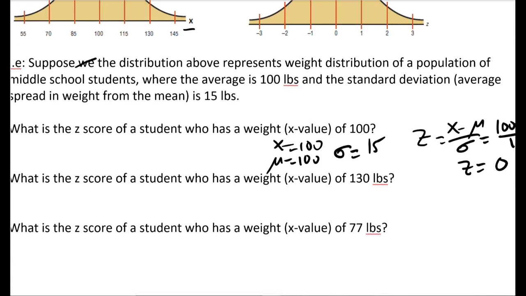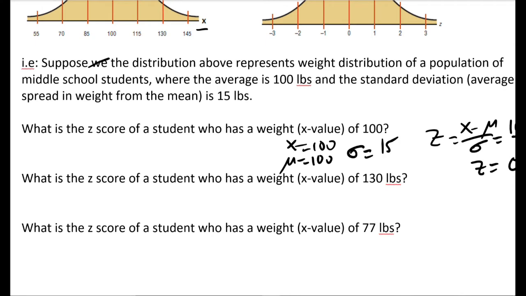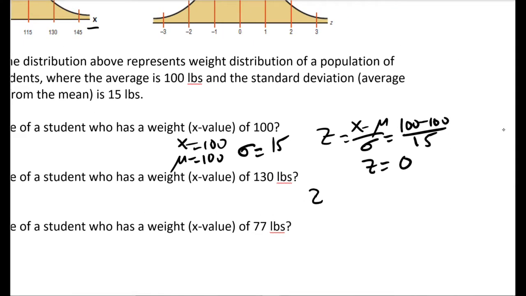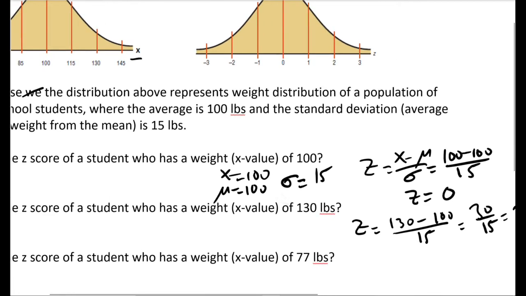Now for the next part, what is the z-score of a student who has a weight of 130? Well, this time the x value is 130, so we're going to subtract the average weight in the middle, 100, and divide by 15. So you're going to get 30 over 15, or 2. So this means that you have a z-score of 2.